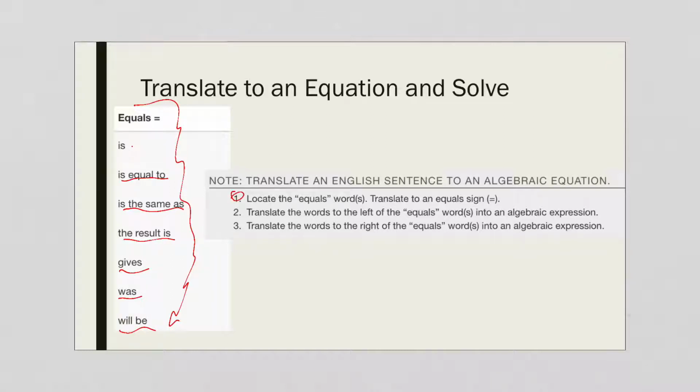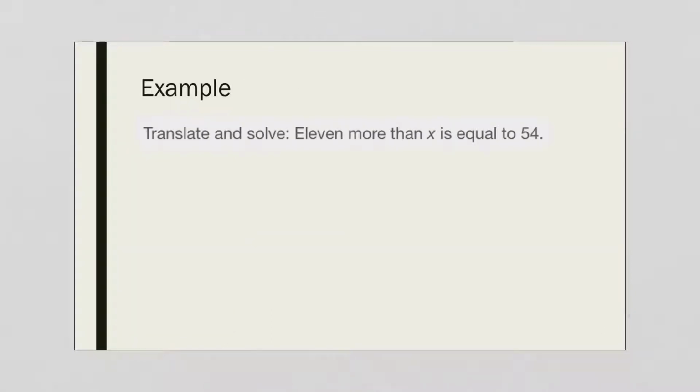So that's step one here. Locate the word equals and translate that into an equal sign. And then you want to translate the words to the left into an algebraic expression, translate the words on the right to an algebraic expression. So let's try that. 11 more than x is equal to 54.